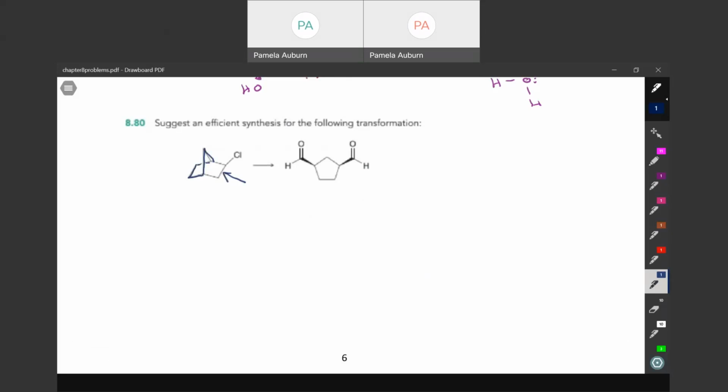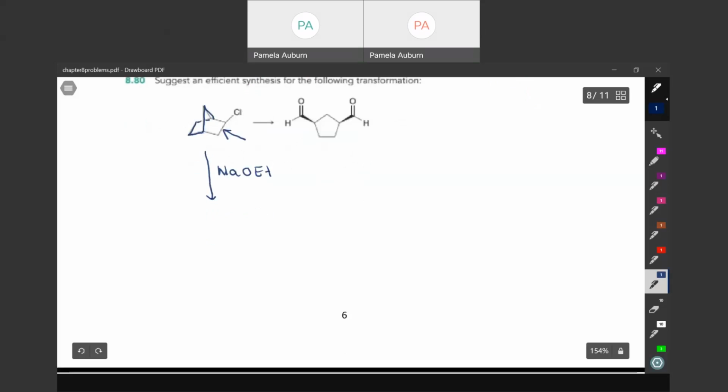So to form the double bond, I need to get an elimination reaction. So step 1 is to take this with sodium ethoxide, good strong base, and that's going to get me that. In the next step, I'm going to do an ozonolysis.